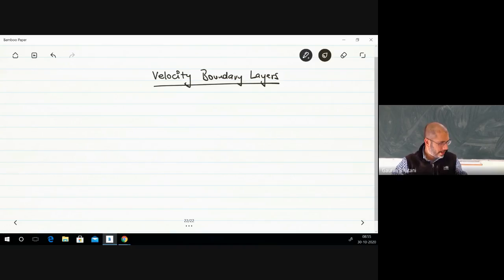The first topic we'll be discussing is the velocity boundary layer. I'm sure everybody remembers this figure, extremely popular.